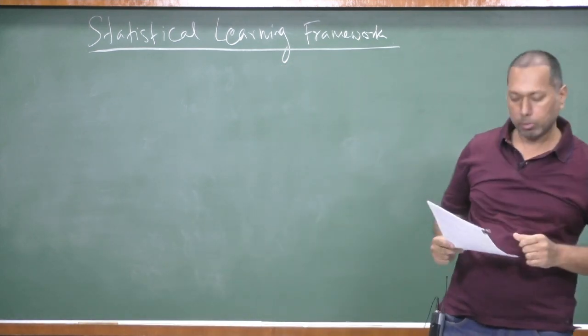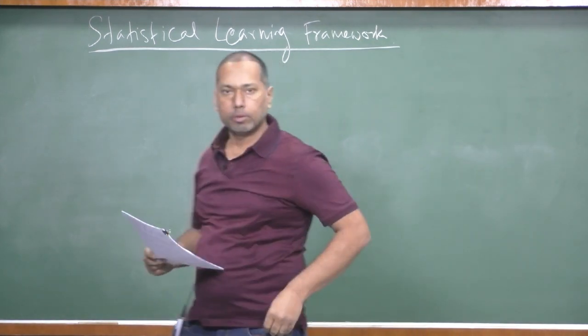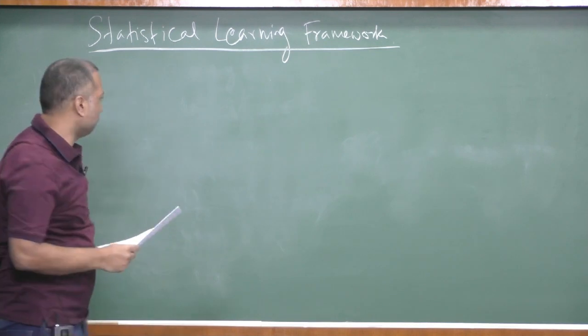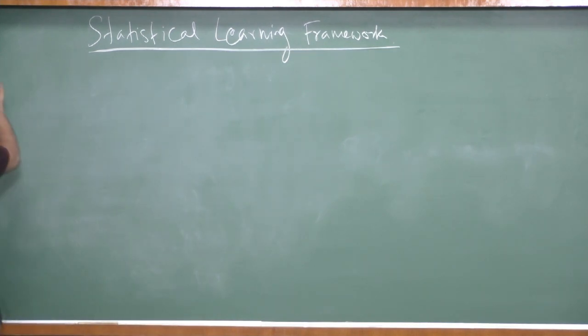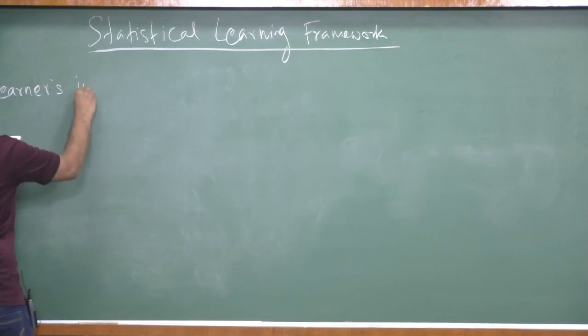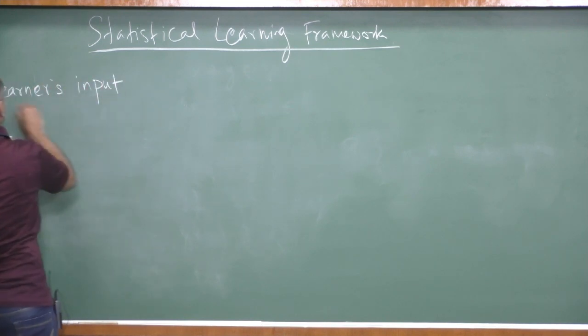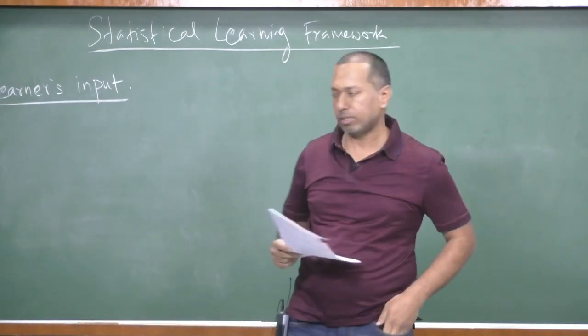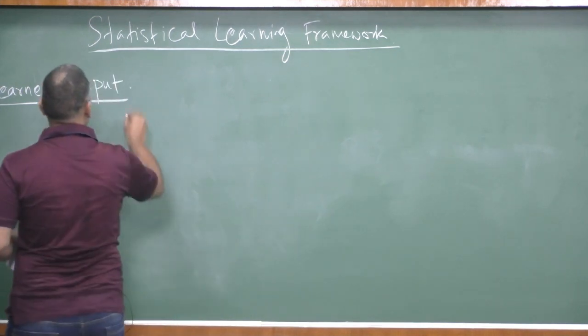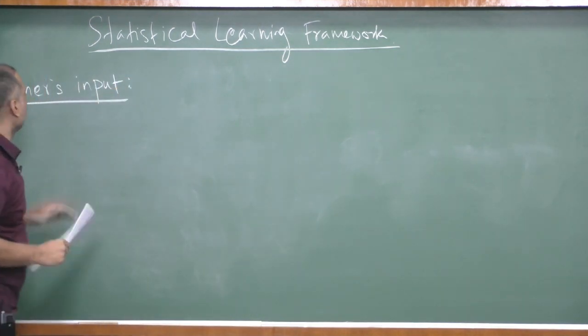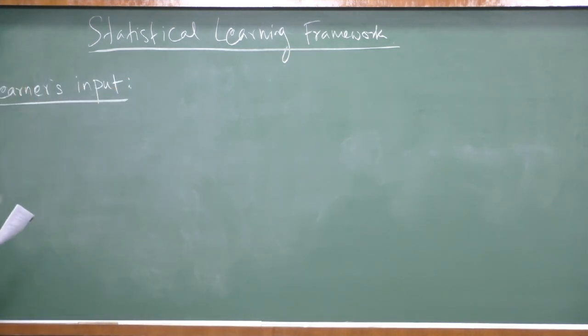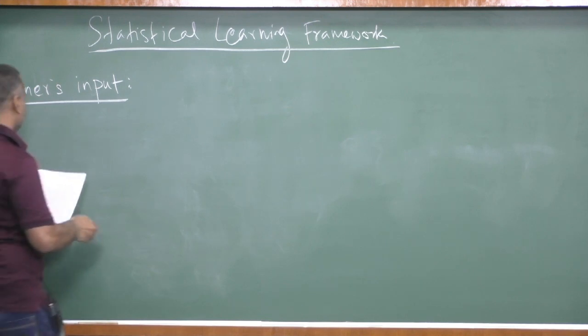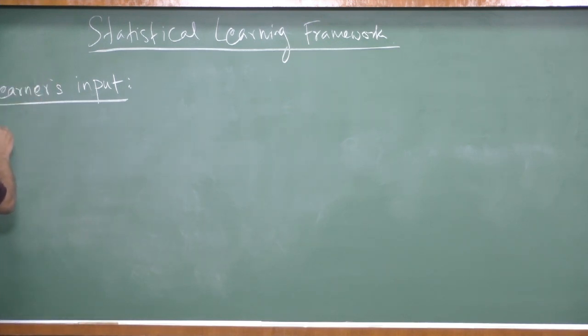So let us look into what the learner needs. The learner's input: the learner needs some domain set. Basically some data, based on which a learner will learn something.